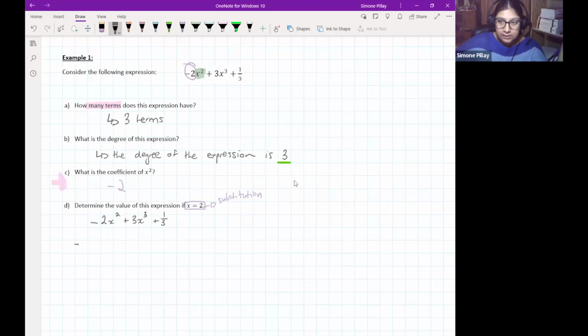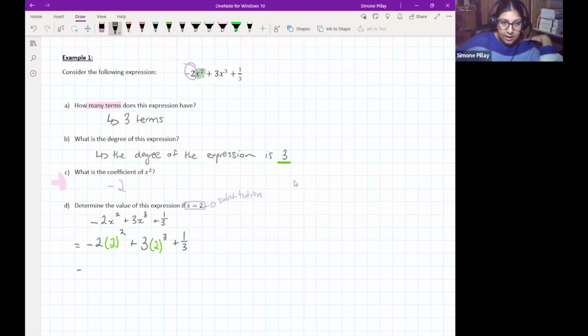So in this expression, wherever I see x, I'm going to replace it with 2. So negative 2, and here I'm going to substitute. Instead of writing x squared, I'm going to write 2 squared, plus 3, and instead of x, I'm going to put in 2 cubed, plus 1/3.